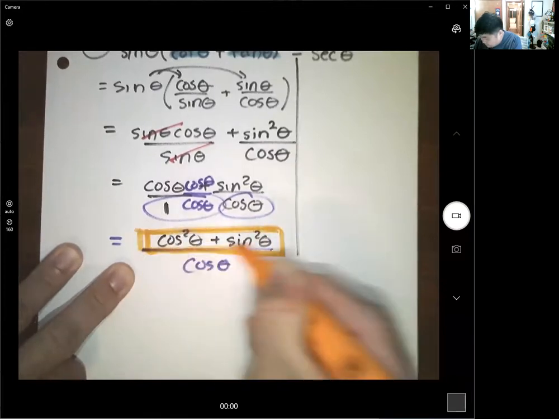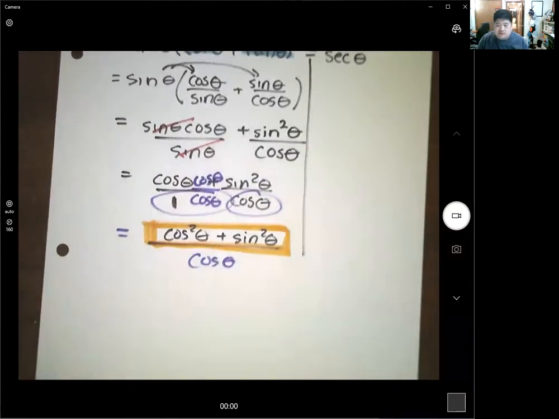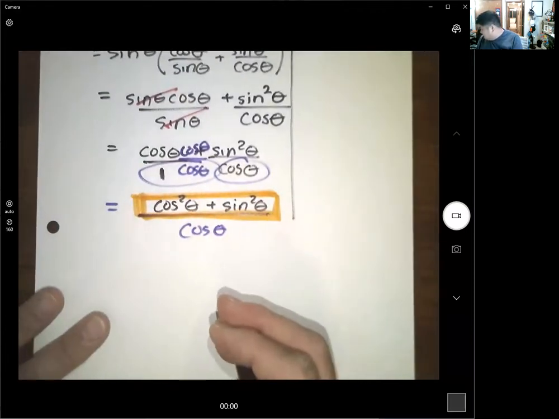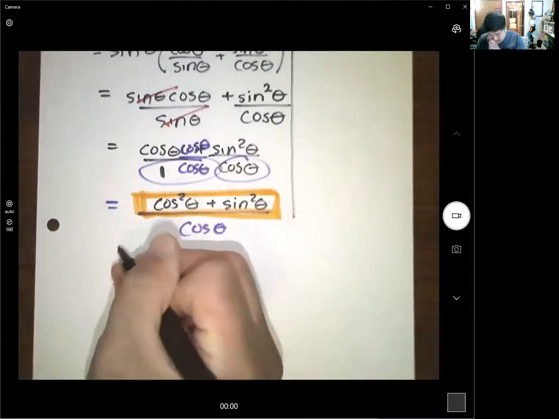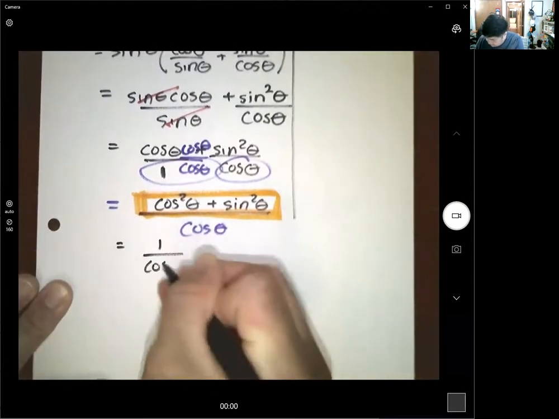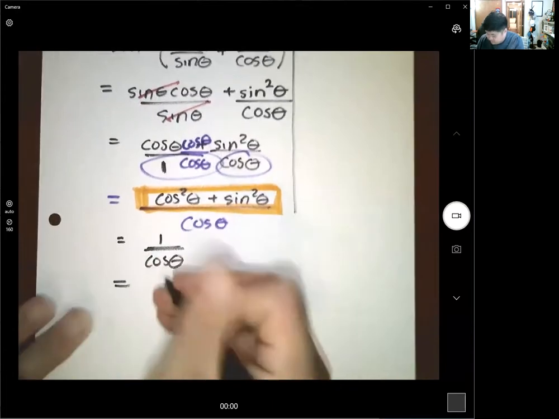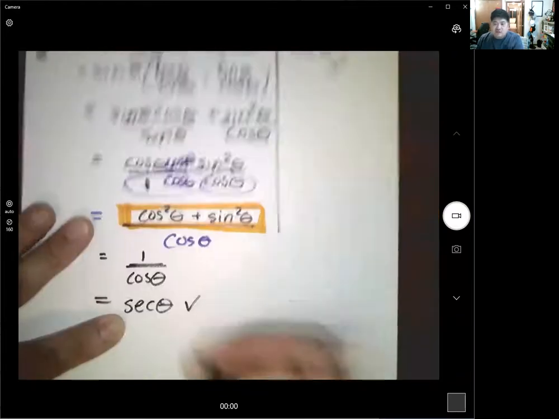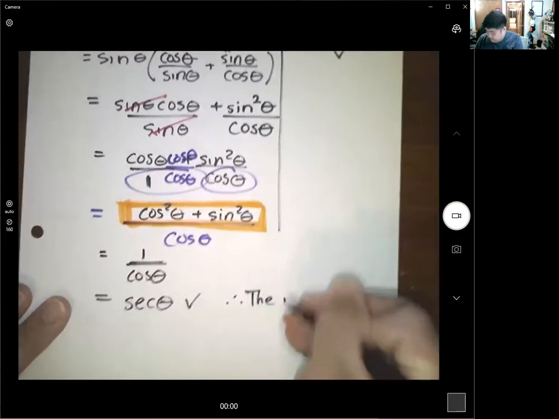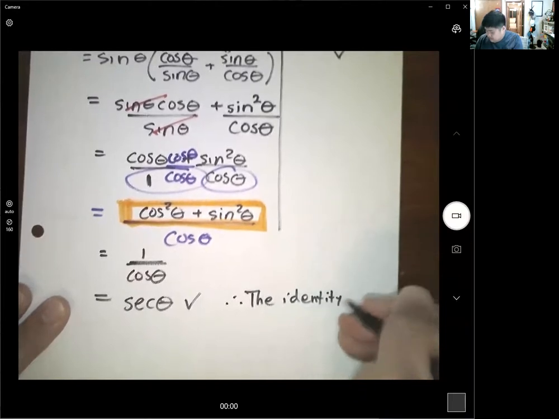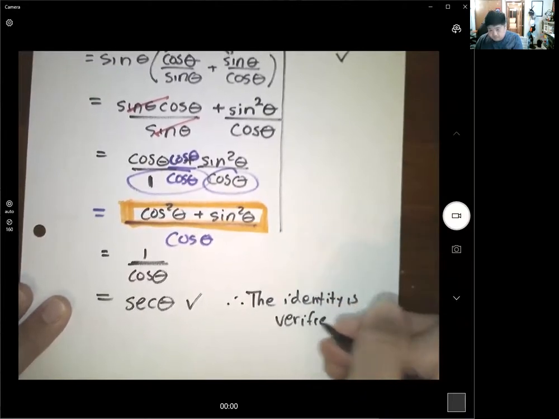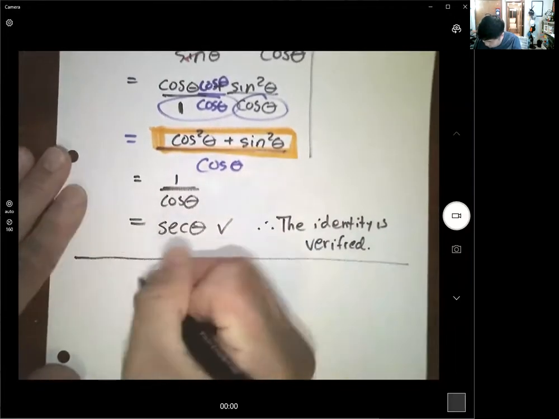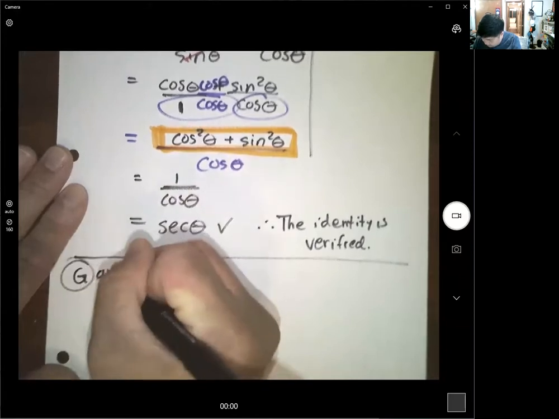Cosine squared theta plus sine squared theta, or sine squared theta plus cosine squared theta, that is actually equal to 1. Excuse me. So 1 over cosine theta, and that's a reciprocal identity, which is equal to secant of theta, which is what we were supposed to verify. So therefore, the identity is verified.